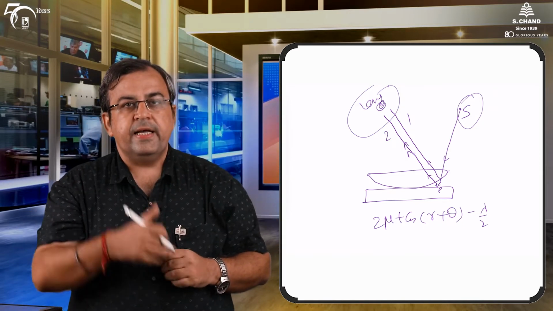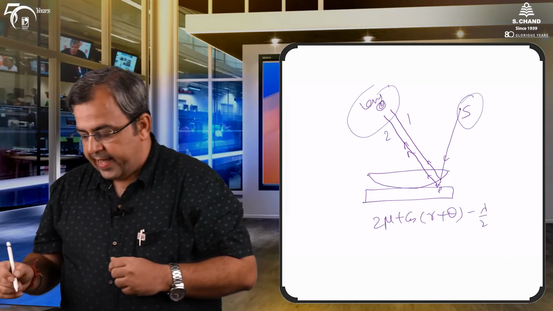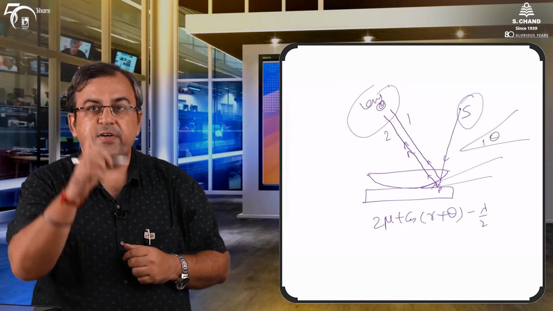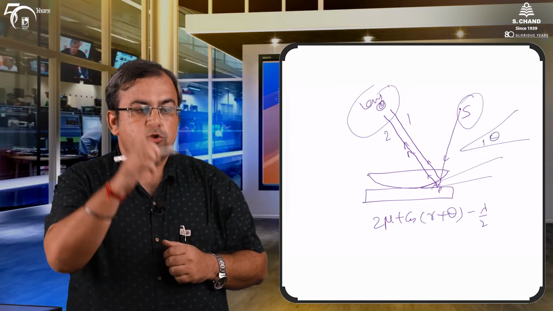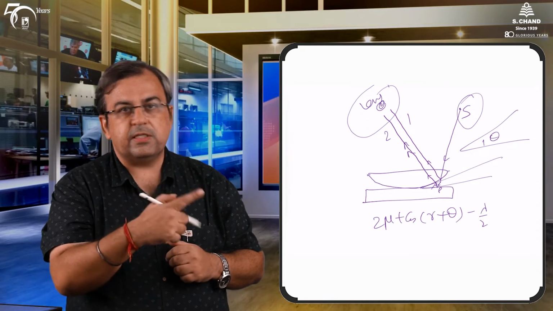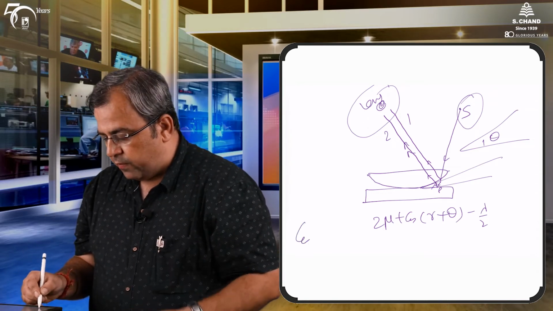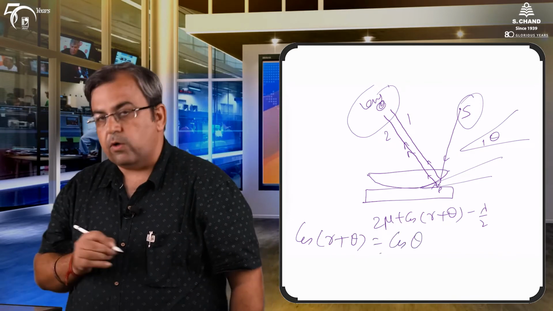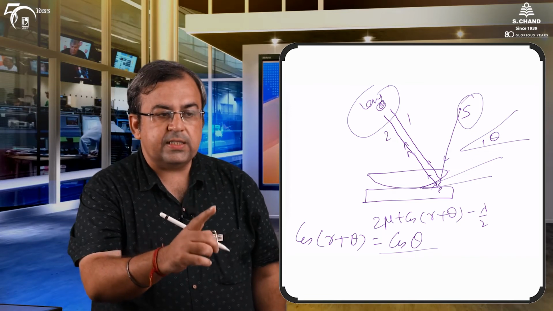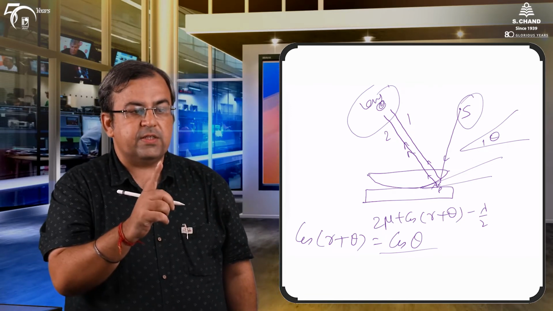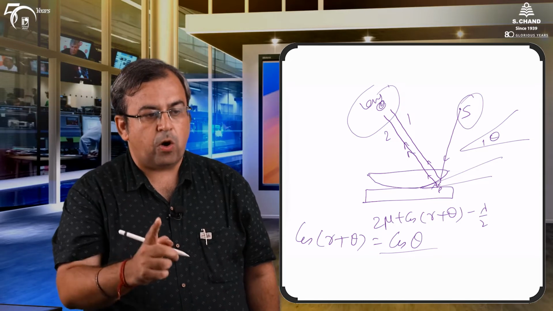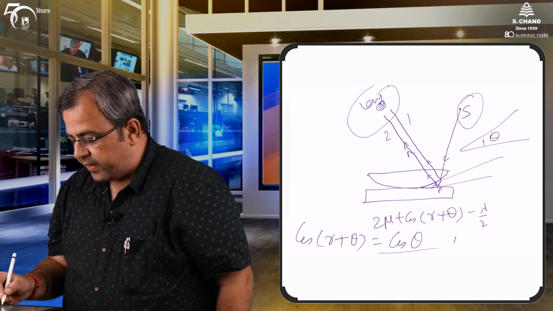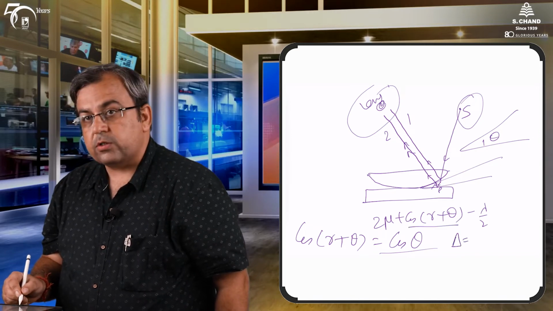When normal incidence is there in a wedge-shaped film, and the angle theta is very small, what is going to happen to cos(r + theta)? Cos(r + theta), with r equal to 0 for normal incidence, is equal to cos theta. So cos theta is equal to 1. For normal incidence, if the angle theta is very small, cos theta is equal to 1. So this cos(r + theta) will become cos theta, right?